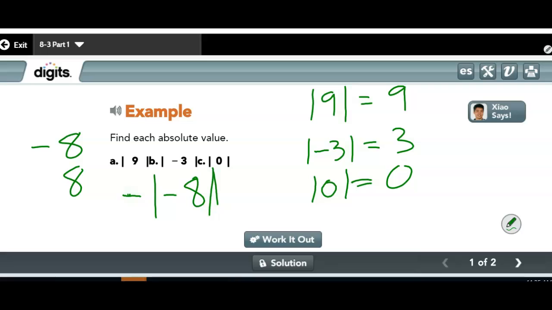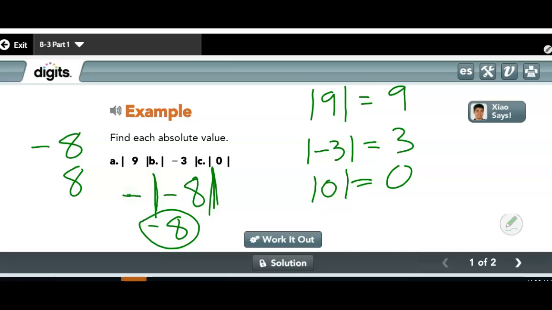Alright, how you solve these problems. We start from the inside and work our way out. What is the absolute value of negative 8? Colin? 8. It is 8. What is the opposite of 8? Chloe? Negative 8. The answer is negative 8.